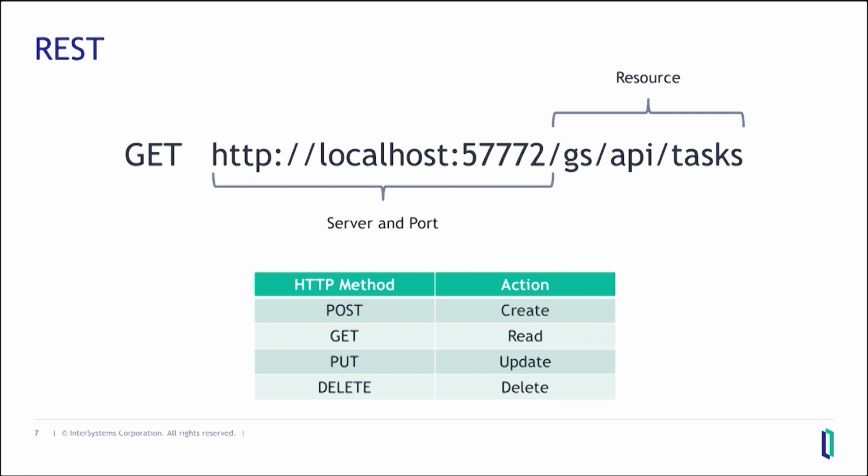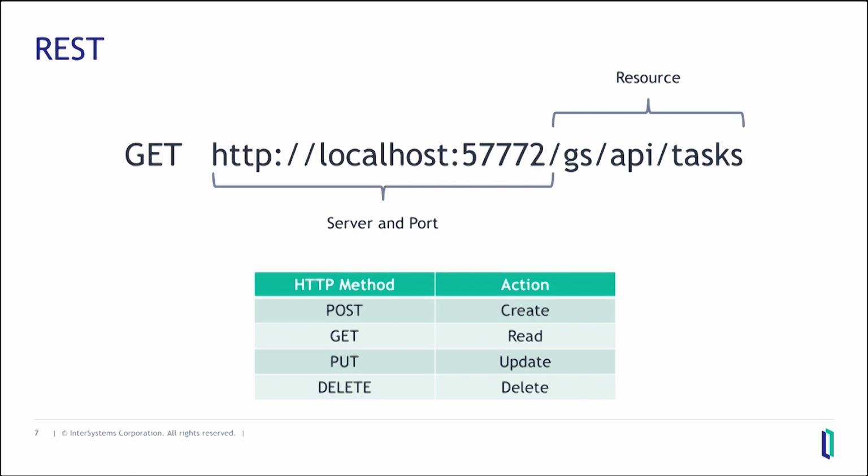In this case, it's a GET request, as you see on the left. And the resource is going to be something called tasks at the end of all the slashes. Looking at that, you can understand that we're going to retrieve a list of task objects. This might say person with an ID, and that would indicate we want to get the data for one person record.